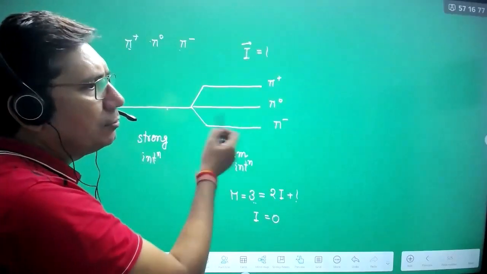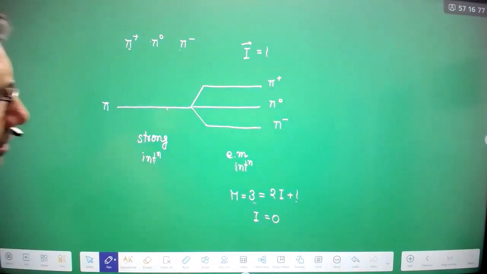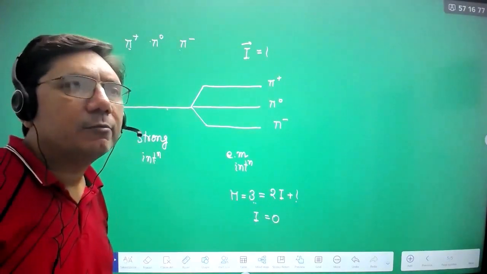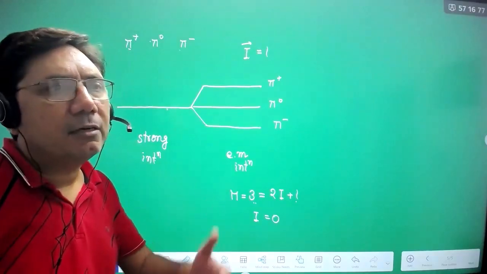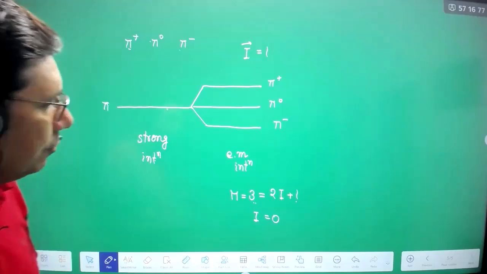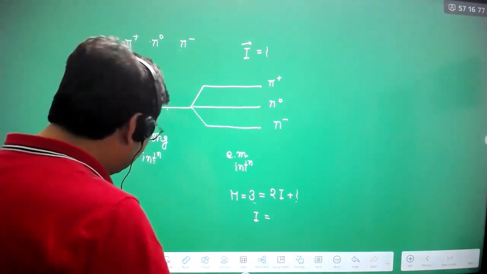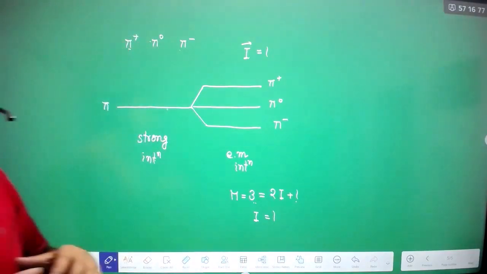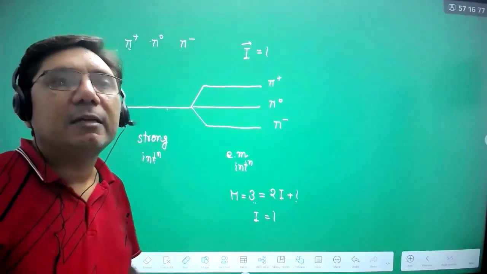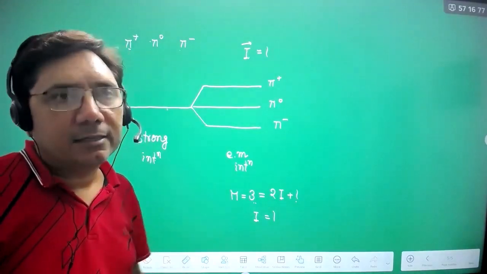So corresponding to this type of splitting, multiplets are coming into the picture, and these multiplets are defined in terms of isospin. So isospin is used to represent I equal to 1. Basically here isospin is used to represent these multiplets which are appearing in electromagnetic interaction.